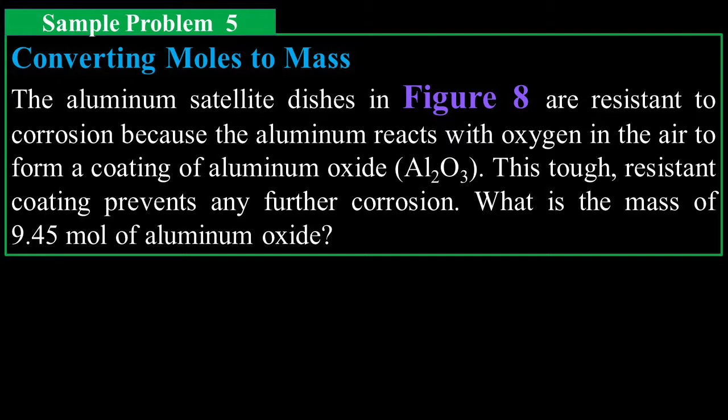What is the mass of 9.45 moles of aluminum oxide? Well, what you would do is add up for one particle 2 aluminums and 3 oxygens, so that would be the mass of 1 mole, and then simply multiply it by 9.45, and that's the answer. Easy enough, fair enough.